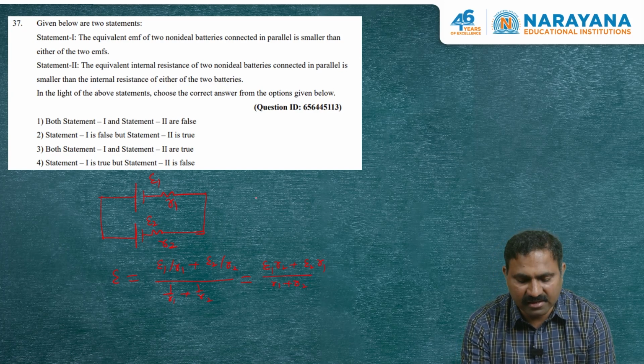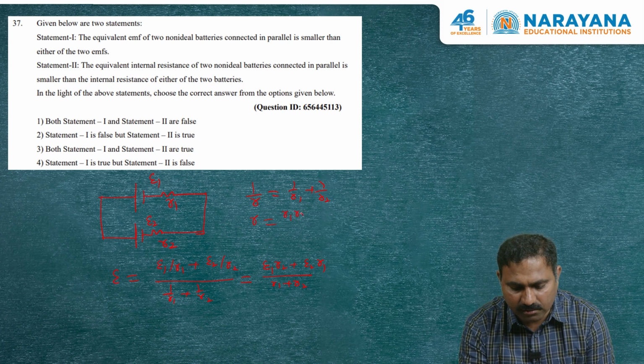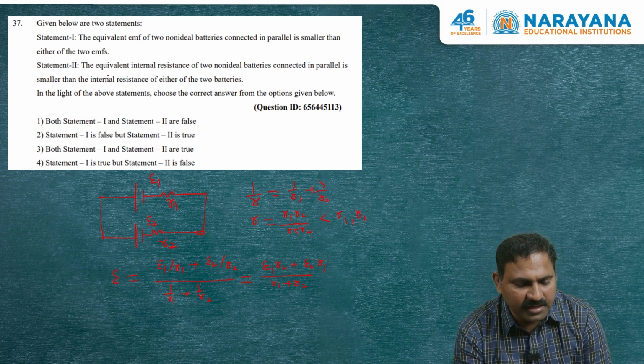Similarly, the effective internal resistance will be 1 by R equals 1 by R1 plus 1 by R2. We can prove mathematically that R equals R1 R2 by (R1 plus R2), which is always smaller than the smaller one, so it is always less than R1 and R2. So the second statement is correct here.